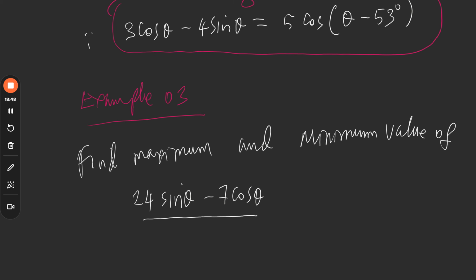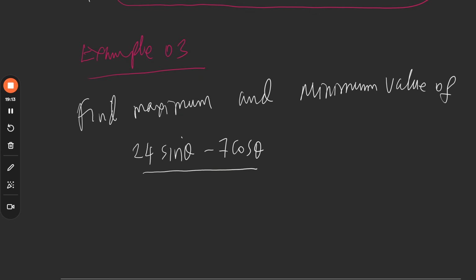Remember, we said one of the significance of expressing a function into form of r cosine alpha plus or minus theta or otherwise is to be able to find the maximum or minimum value of the function. So I'm going to equate this with either sine or cosine.